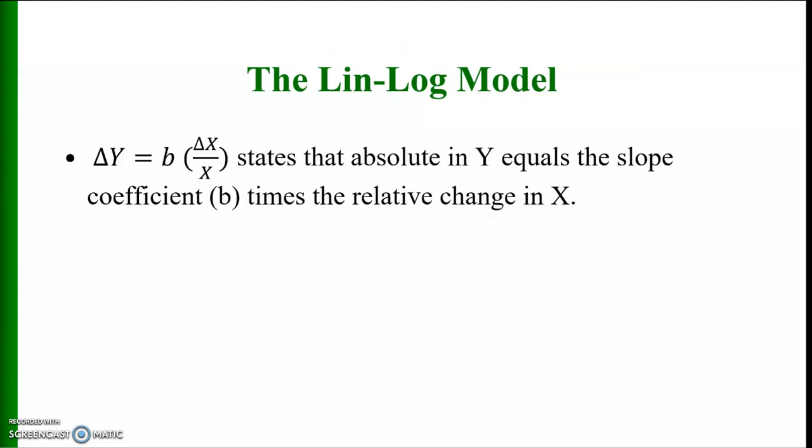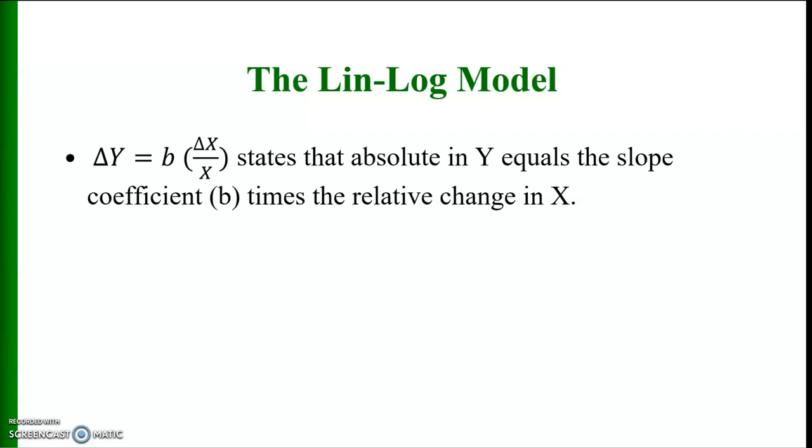Delta y is equal to the slope coefficient b times delta x over x states that absolute change in y equals the slope coefficient b times the relative change in x variable.